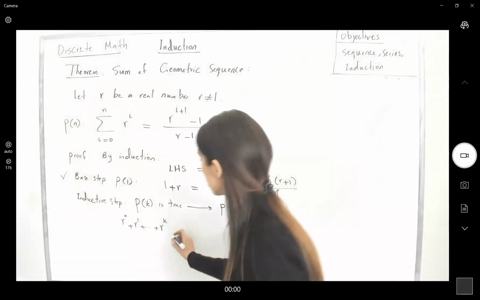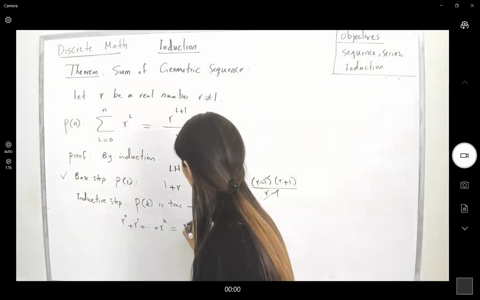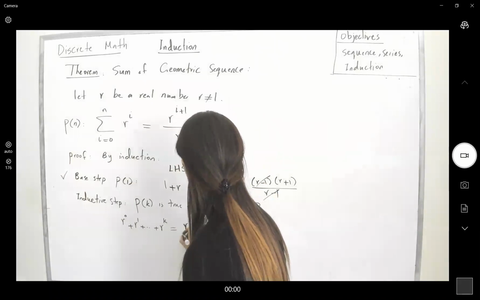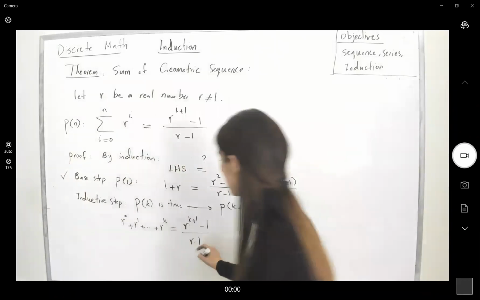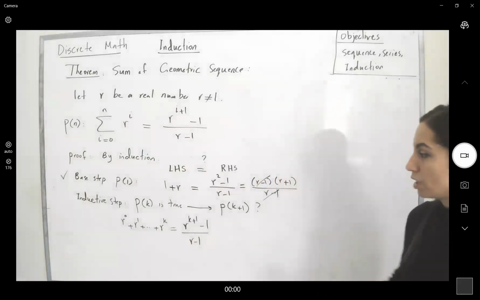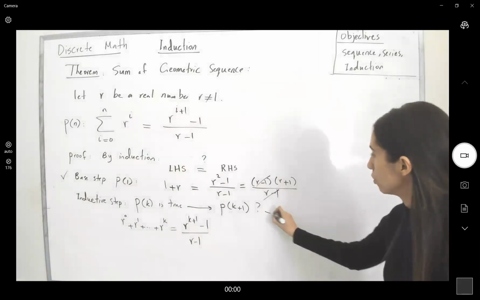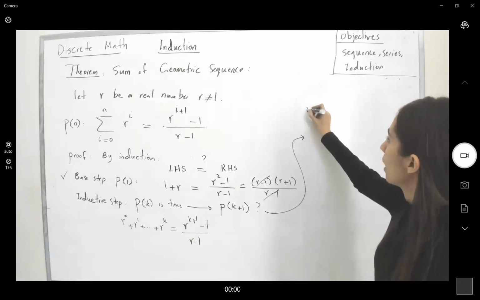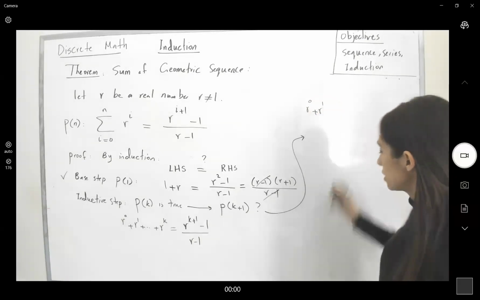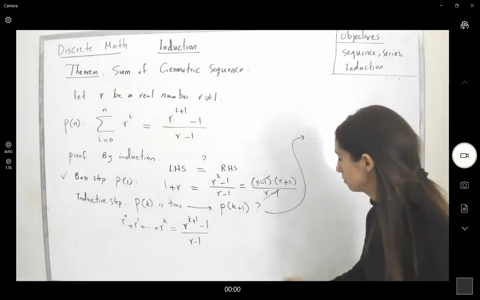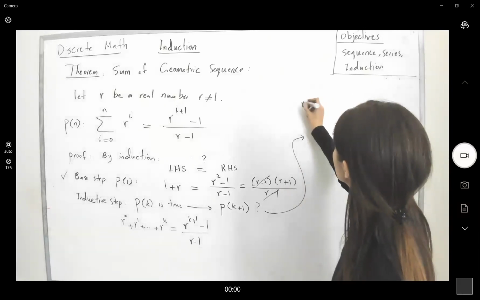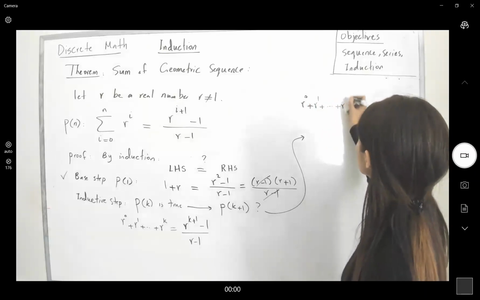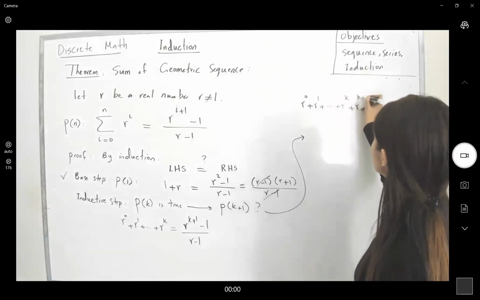If I add all of these together, it is equal to r to the k plus 1 minus 1 divided by r minus 1. I know this is true. I'm going to prove that, so this is my goal: r to the power 0 plus r to the first power plus up to r to the k plus r to the k plus 1.